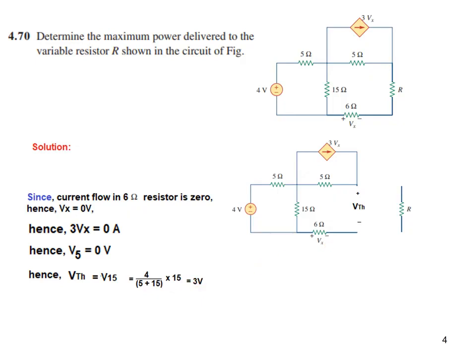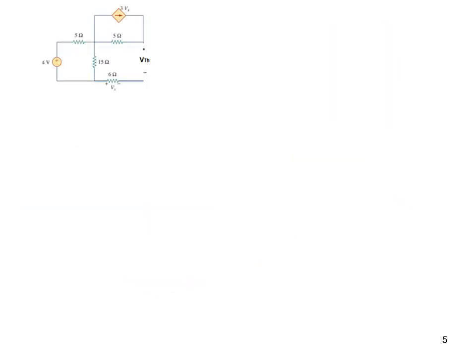Now we need to find R Thevenin. Okay, so this is the circuit. For R Thevenin, as you know, we have to make the independent source 0, and we have to connect a voltage source or a current source. In the previous example we connected a voltage source.